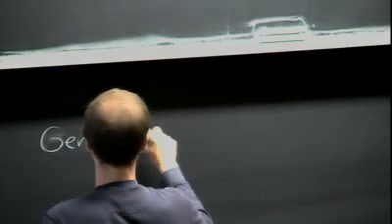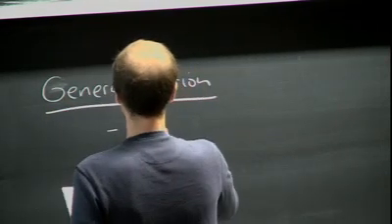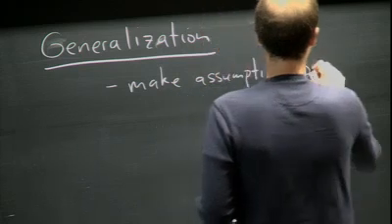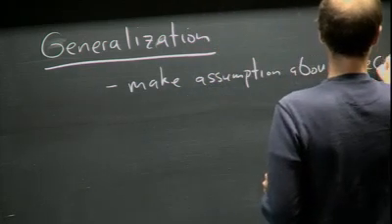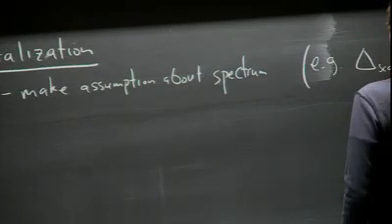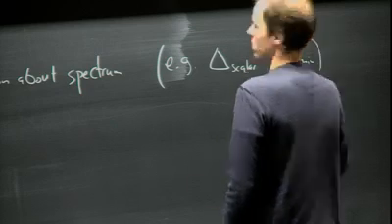So let's generalize what we did. We start by making an assumption about the spectrum, and as an example, we said that all scalars have dimension bigger than some delta min.